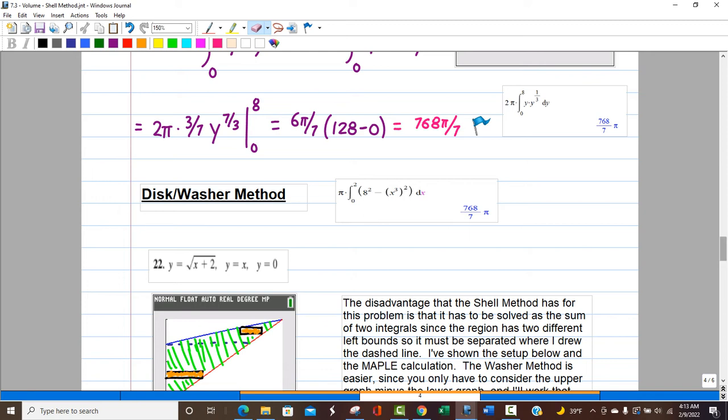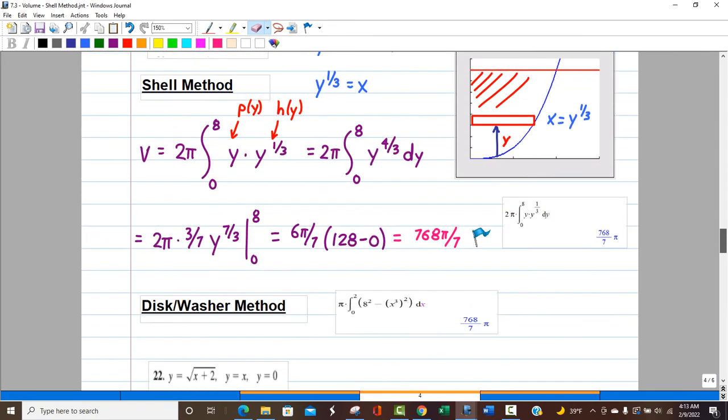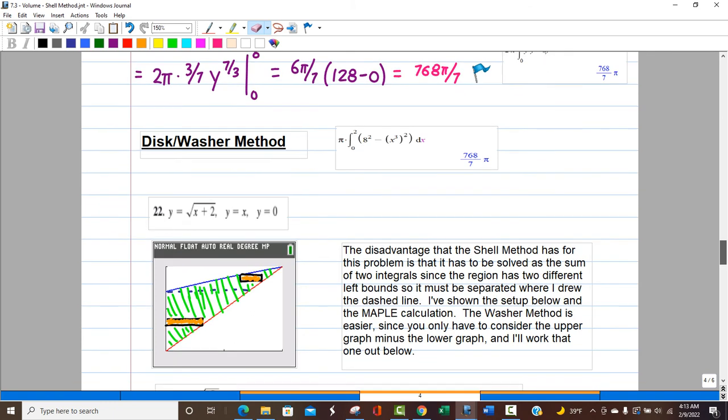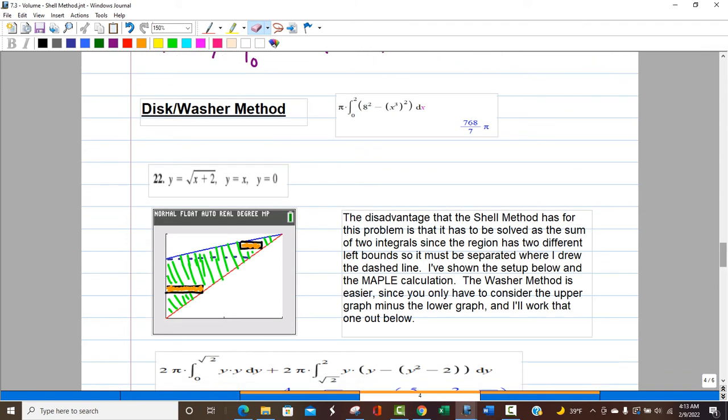Now here's one actually where the shell method, this is also the x-axis, can be done, but it's not the best method.